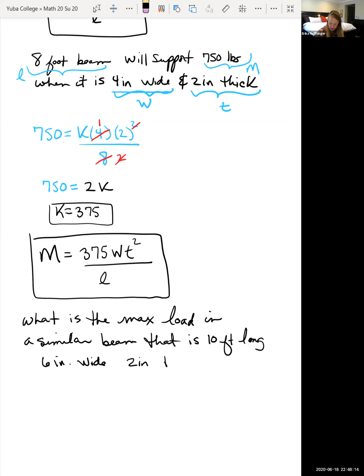And so our length is in feet like our original when we found K, and our width and our thickness is also in inches like our original problem when we found K, so we're okay.